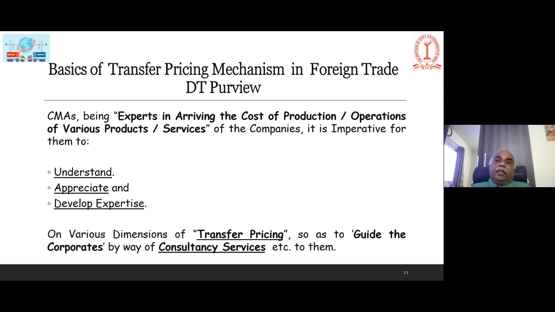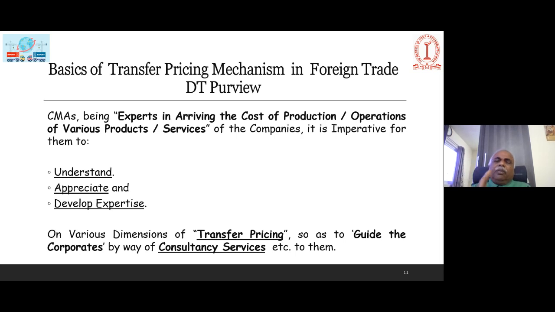So that's why this transfer price mechanism is more suitable for you to arrive at the conclusion, to argue with the regulators, all these things, so as to guide corporates and consultancy. Today, the consultancy services are very much required in this area, whether within the country or the cross-border transactions, particularly the trade transaction. So that's why this subject is useful.